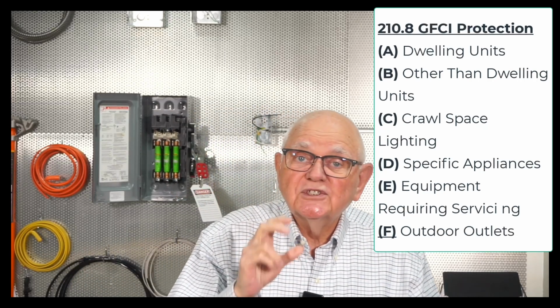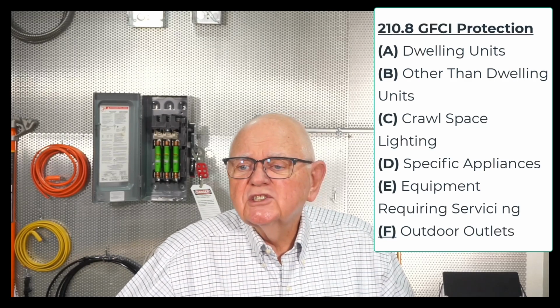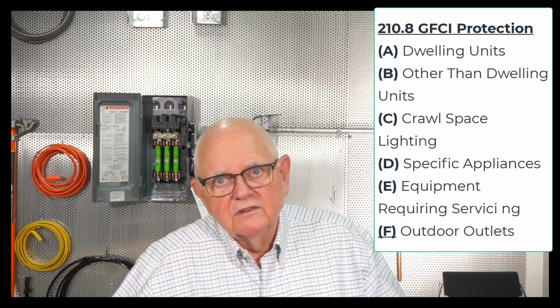Subsection A, 210.8(A), addresses the GFCI requirements for dwelling units, and there are 12 requirements for dwelling units. Subsection B addresses other than dwelling units, and there are 15 requirements for other than dwelling units for GFCIs.